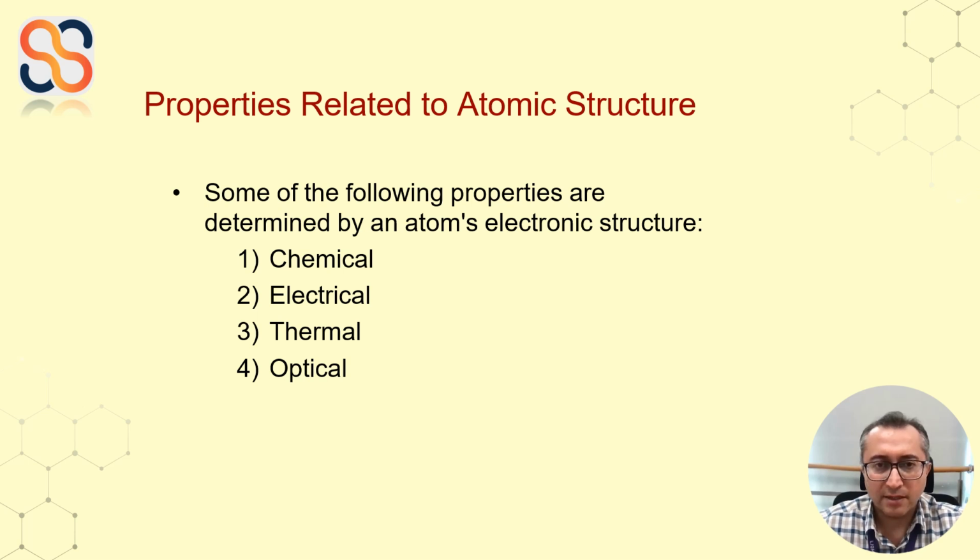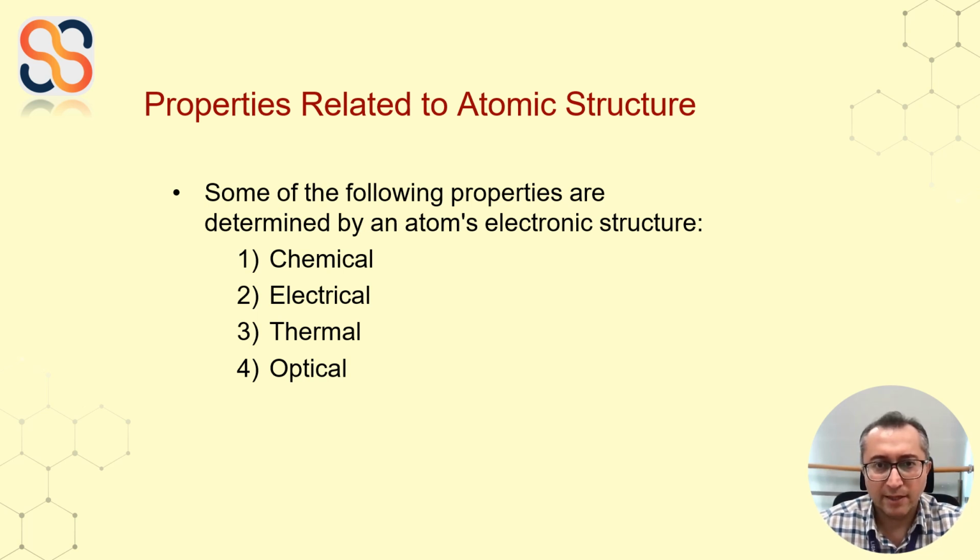Let's start with the chemical properties. The way atoms bond and interact with other atoms depends entirely on their electron configuration, specifically the electrons in the outer shell, which we call valence electrons. These are the electrons involved in bonding.